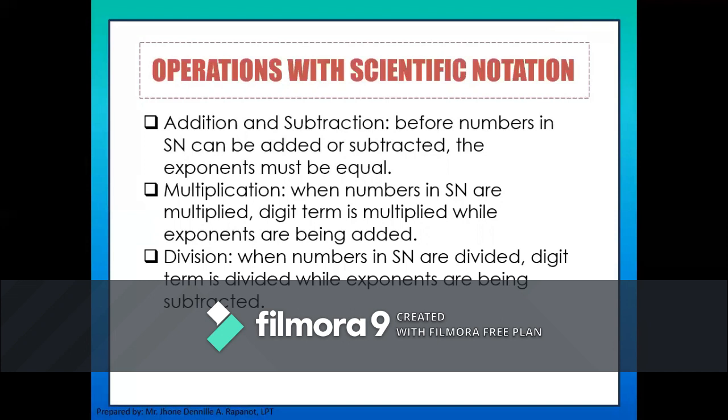Now, what I want you to do is to remember these governing rules when we are dealing with operations, having given that is written in scientific notation. So we're going to go back to these rules when we are to solve problems for these particular operations. Okay, now let's have these examples.